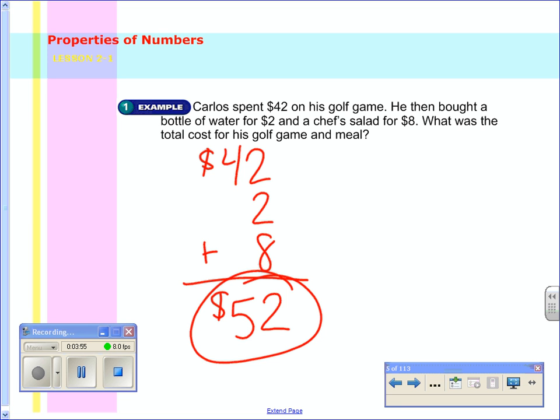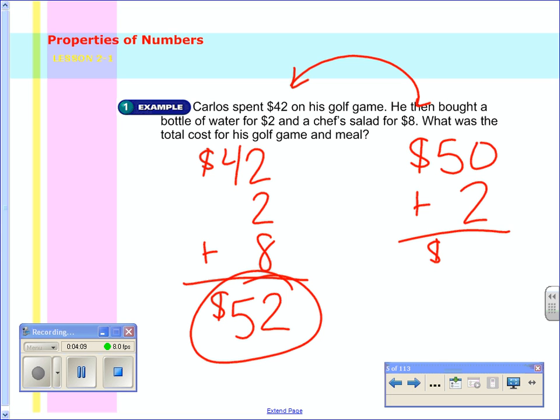There are 2 numbers here that are really easy to add together mentally, and that would be 42 and 8, because I know 42 and 8 is $50. Add the 2 and that's $52 too. So today we're going to look at more mental math and how you can use the strategies I show you to solve numbers mentally.